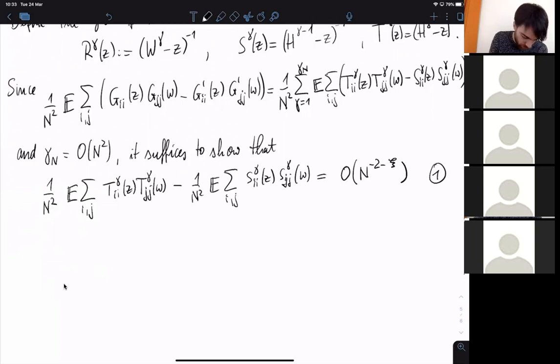This I want to call equation 1, and this has to hold for each gamma going from 1 up to gamma n.